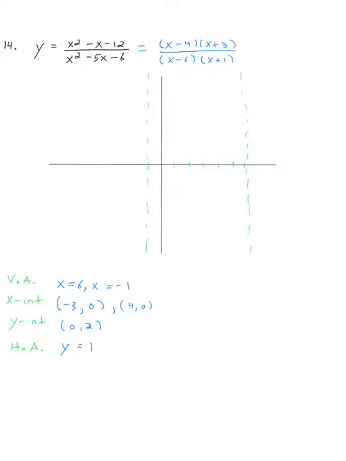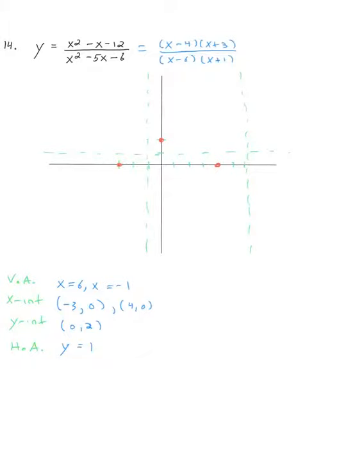I have negative 3 and positive 4 for the intercepts, as well as y equals 2. And my horizontal asymptote, again, is equal to 1. And if I look at this thing on my graph, it's pretty easy to see what's going on. So we're going through this point, coming down here, crossing over that point, and then the graph appears up here.